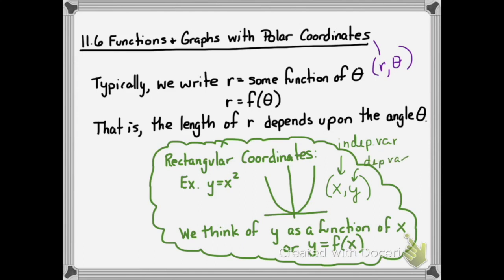Whereas with polar coordinates, it's actually the opposite. That second variable, theta, is the independent variable, and r, the first coordinate, is the dependent variable.